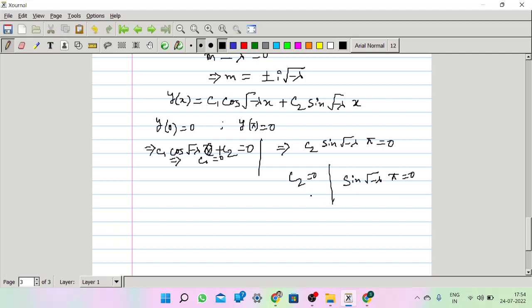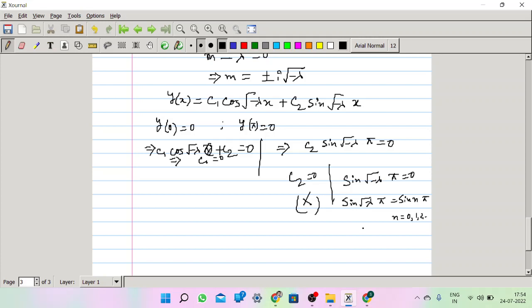Now if c2 equal to 0, then my solution becomes again a trivial solution, so I will neglect this case. I consider sin root over minus lambda pi is 0. Now sin root over minus lambda pi is same as sin n pi, where n is a whole number, that is, n starts from 0, 1, 2 to infinity.